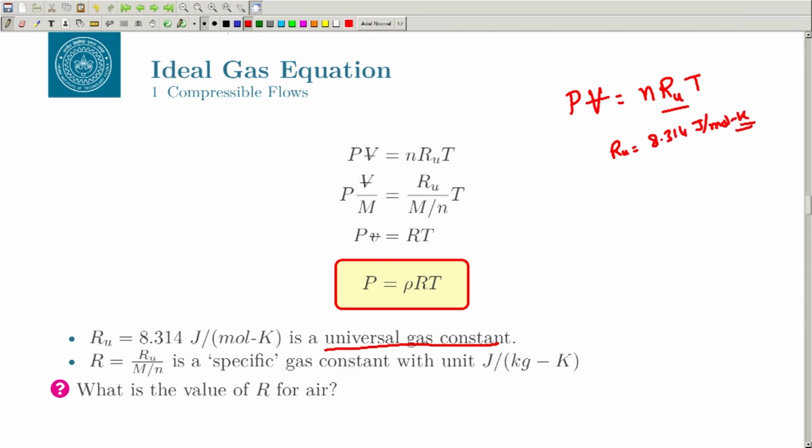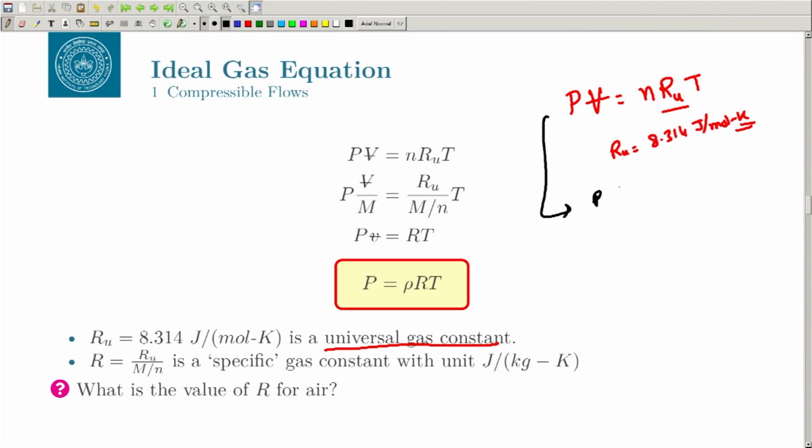Now, when we do CFD simulation, we want to use the value in terms of per kg instead of per mole. So we will convert it to per kg by dividing by the molecular mass.